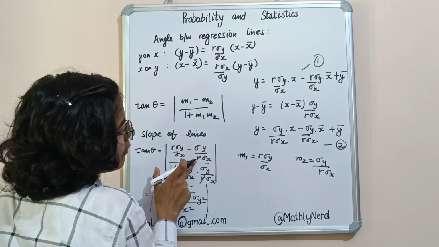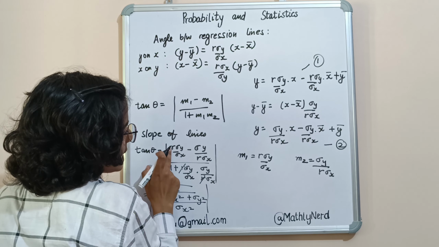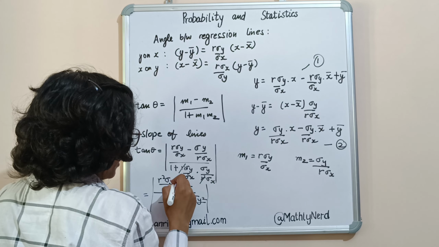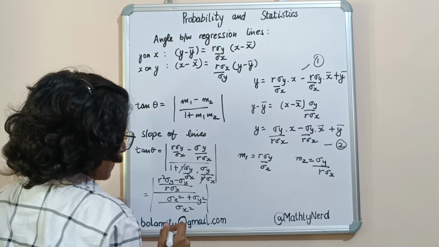Now we will multiply this numerator by r square sigma y minus sigma y.